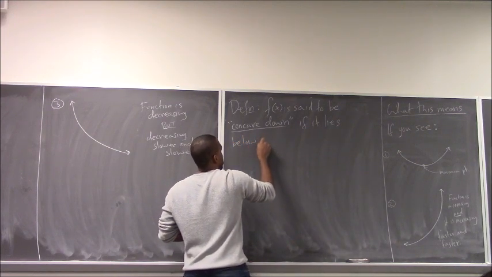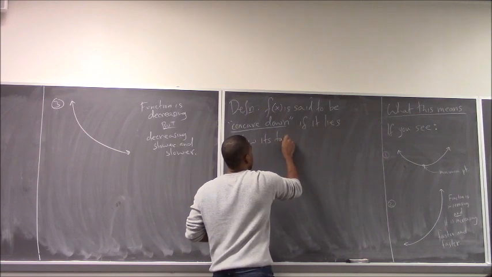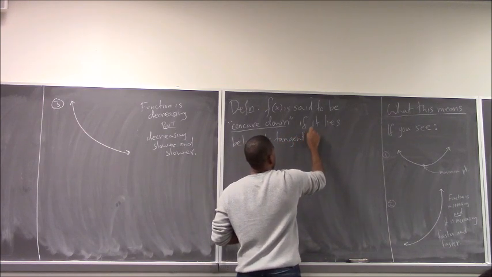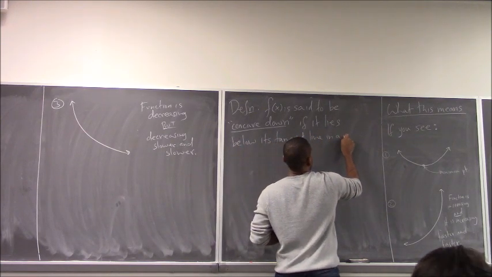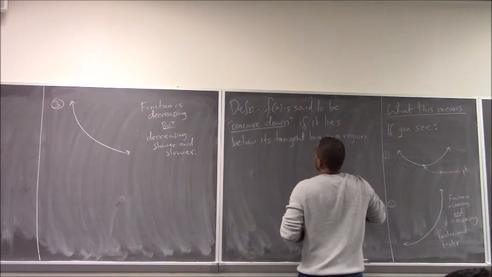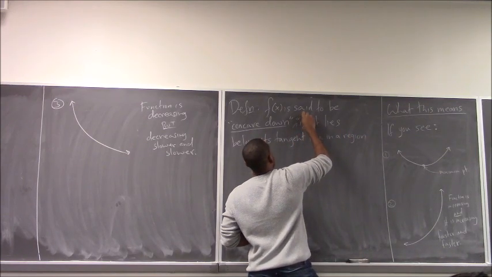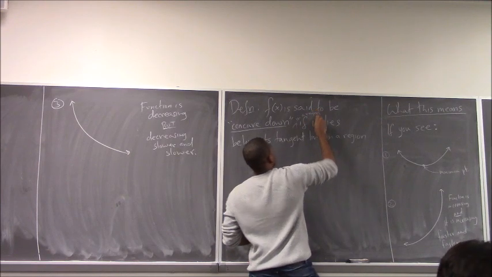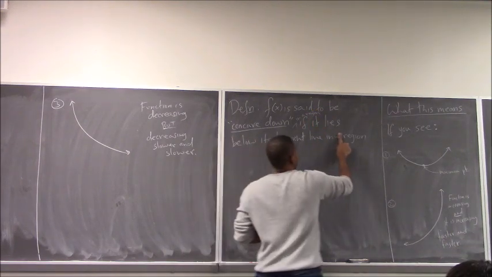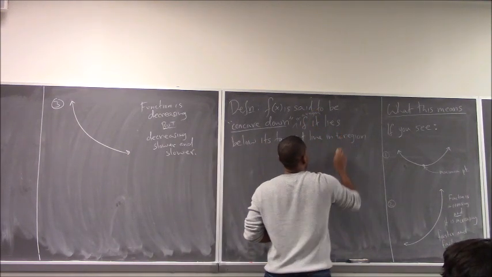So not above its tangent line. If it lies below its tangent line, it's concave down in a region or on an interval, if it's always below its tangent line in the region.